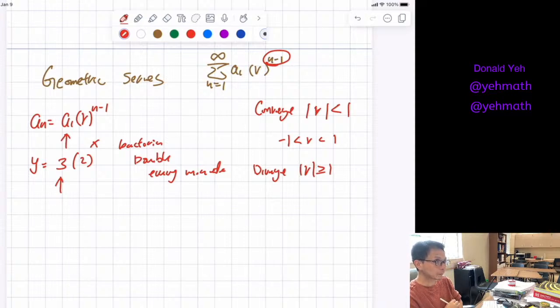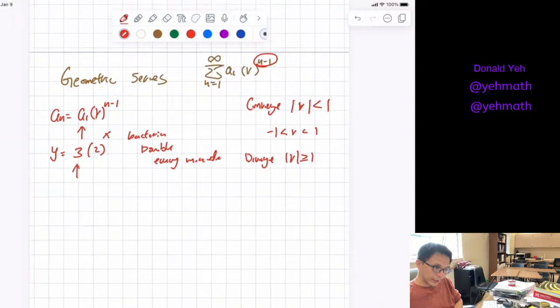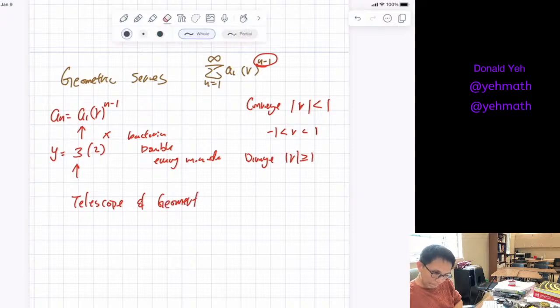Is that okay? And so there are two series you can actually find a value for. One is telescope and geometric. They can be evaluated.